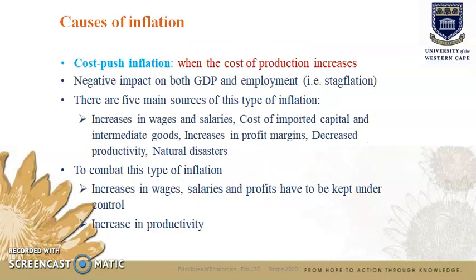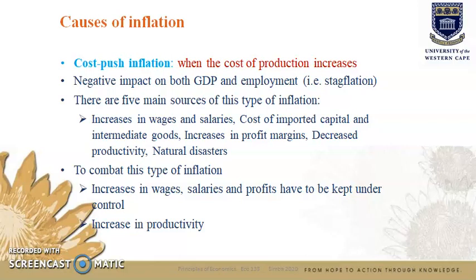Cost push inflation occurs when the cost of production increases. Thus, increases in production cost push up the prices. There are 5 main sources of cost push inflation, namely increases in wages and salaries, increases in the cost of importing capital and intermediate goods, increases in profit margins, as well as a decrease in productivity and natural disasters.